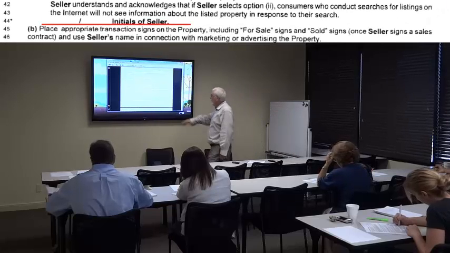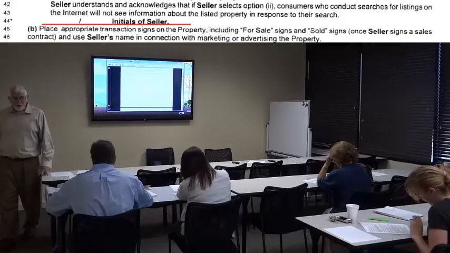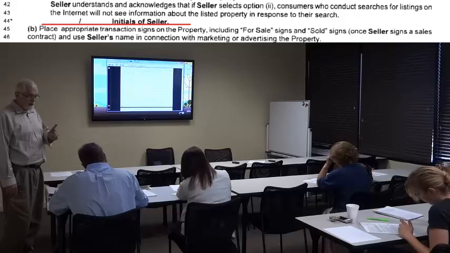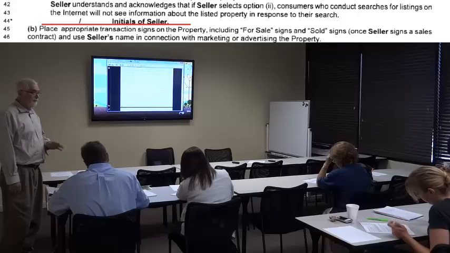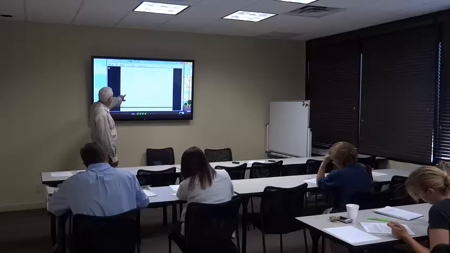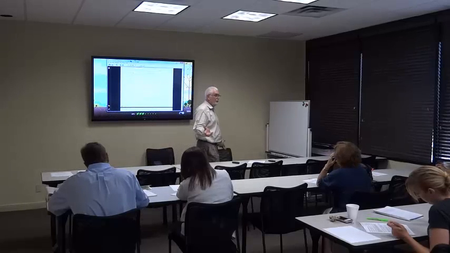Also, see line 44 where it's asking for initials? You only put those initials there if you've checked the second box, which means you're never going to have initials there. Because those initials are acknowledging that line 41 was checked. Why? Because it's so extreme.